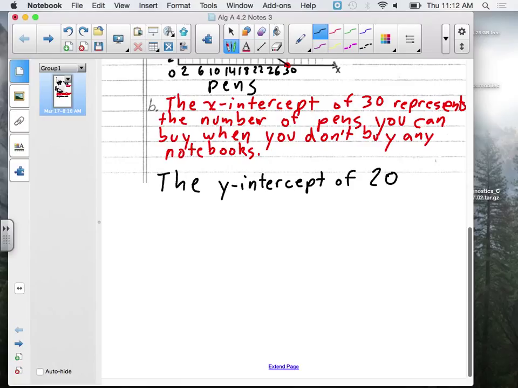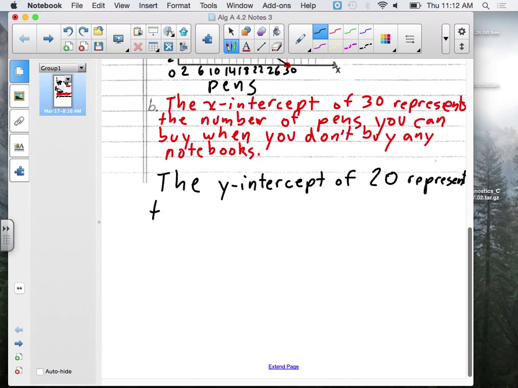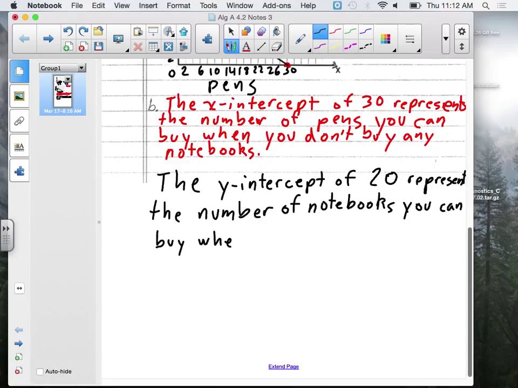So the y-intercept of 20 represents the number of notebooks you can buy when you don't buy any pens.